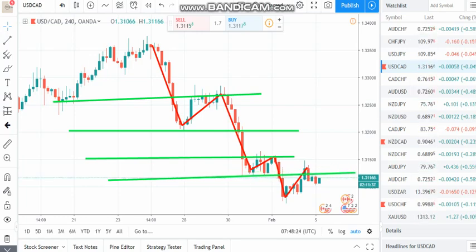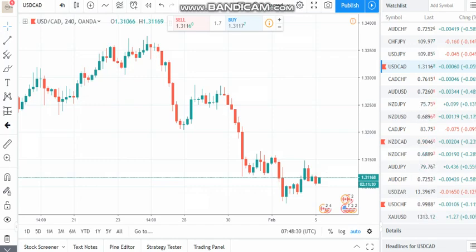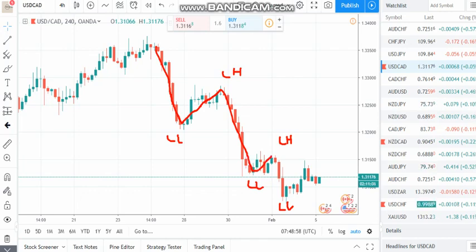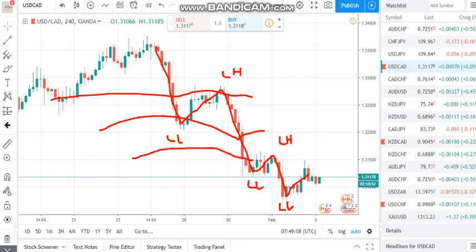So as the market makes lower lows and lower highs, it ebbs and flows as it continues with the trend, and you spot those support levels that you have actually drawn before.